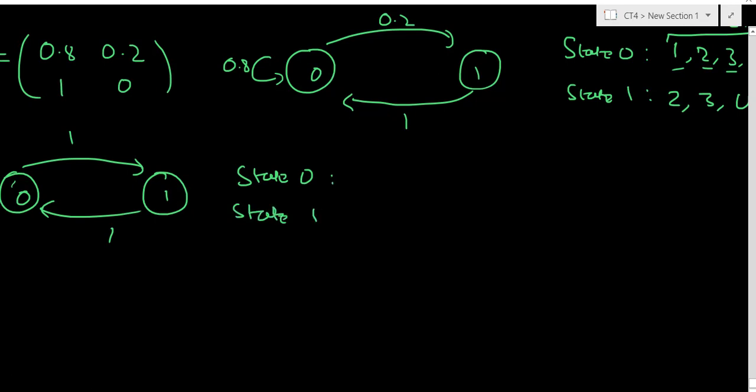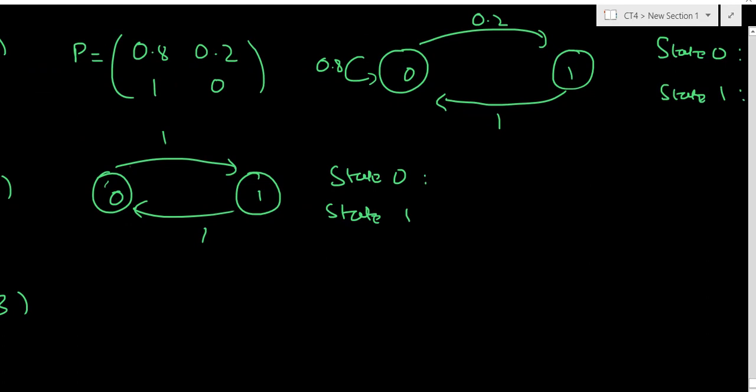For 0, I can go from 0 to 1 and then come back from 1 to 0. So it's possible in 2 steps. I can go from 0 to 1, then come back from 1 to 0, then go again to 1 and then come back again to 0, right? So it's possible in 4 steps, 6 steps, 8 steps, so on and so forth.